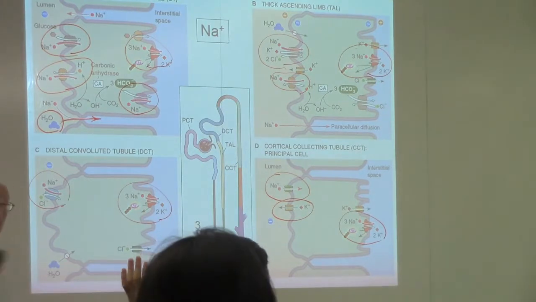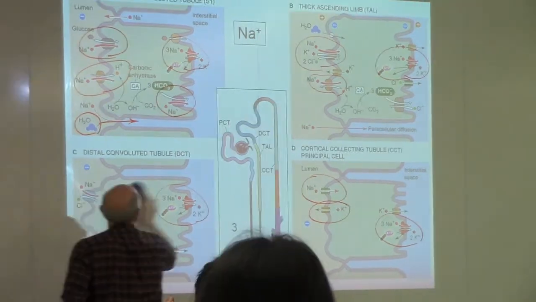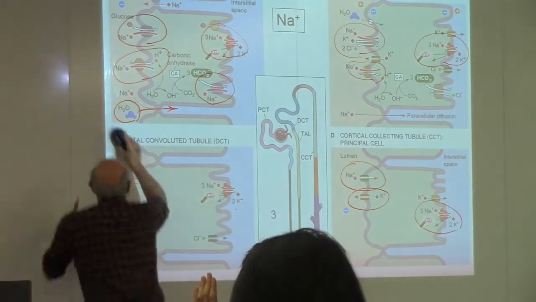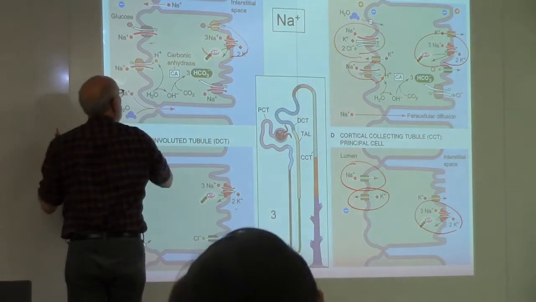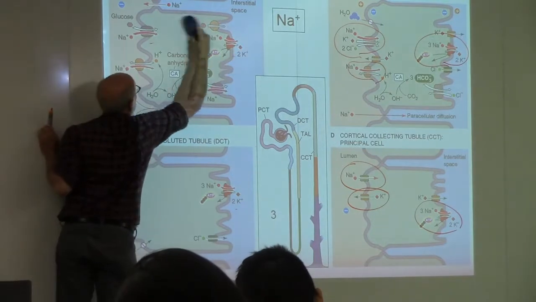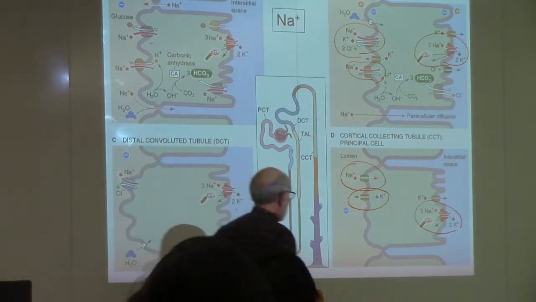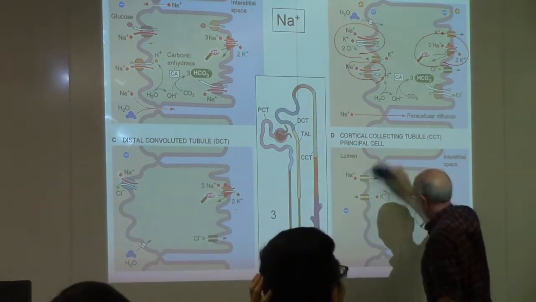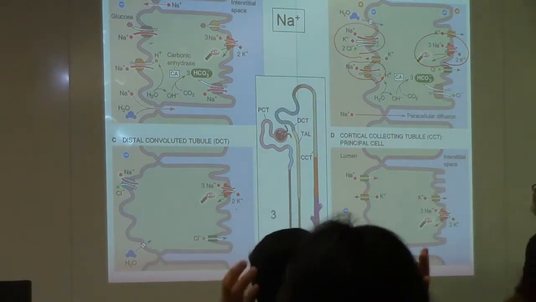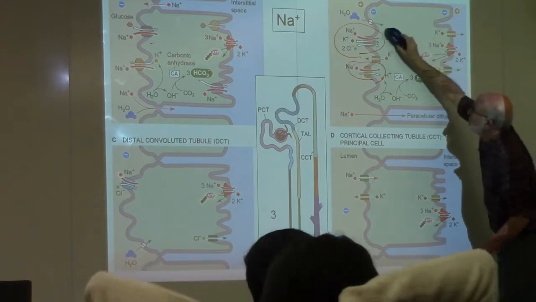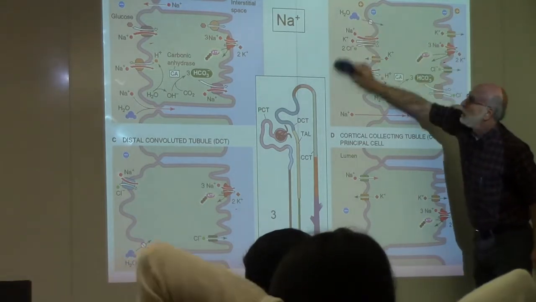Okay, good. So these are the concepts that we'll be using to understand the molecular mechanisms of solute transport, of reabsorption in the renal tubules.